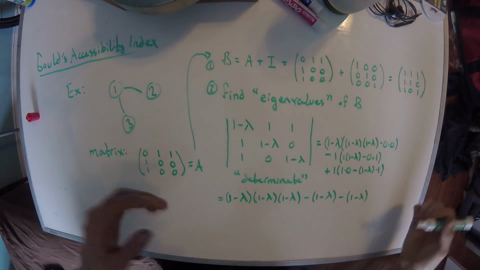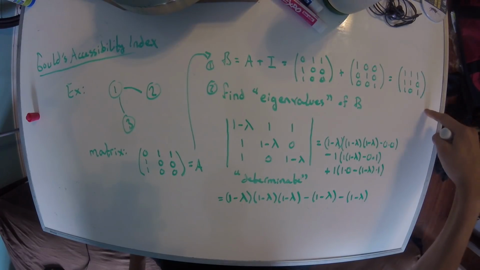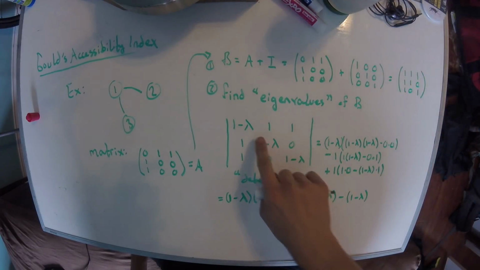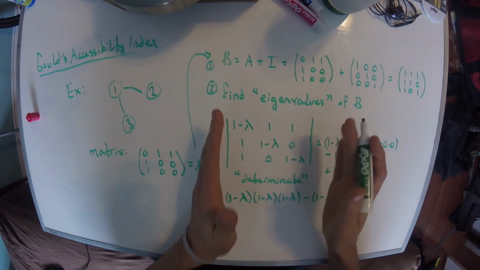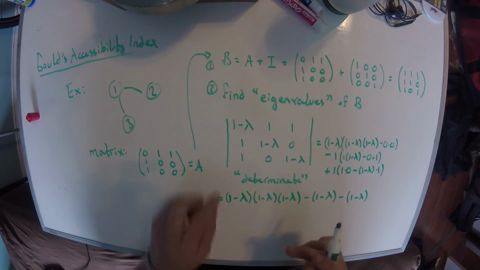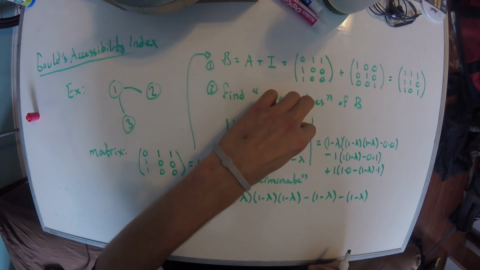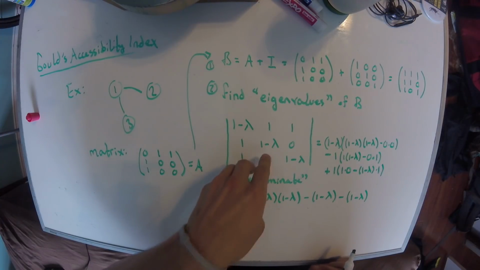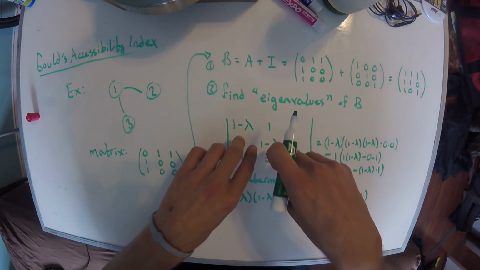Okay, so to recap so far, we found our B matrix by putting ones on the diagonals, and then we subtracted these lambdas from the diagonal elements, and now we're taking this determinant, which involved multiplying each of these top row elements by the cross products of the corresponding squares below.